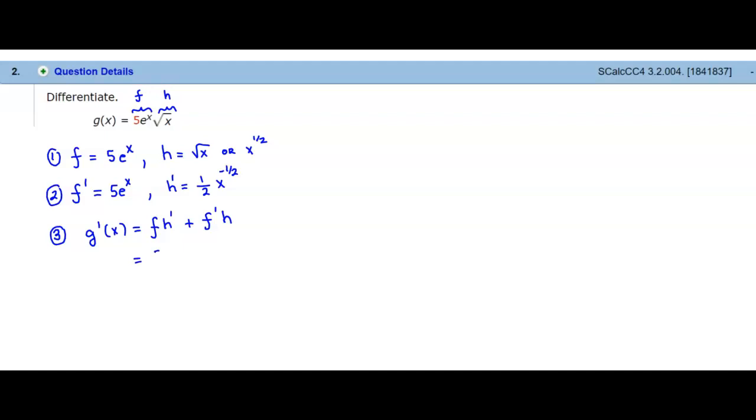So we know f is 5 times e to the x times h prime, which is 1/2 x to the negative 1/2, and then plus 5e to the x times h, which is x to the 1/2.